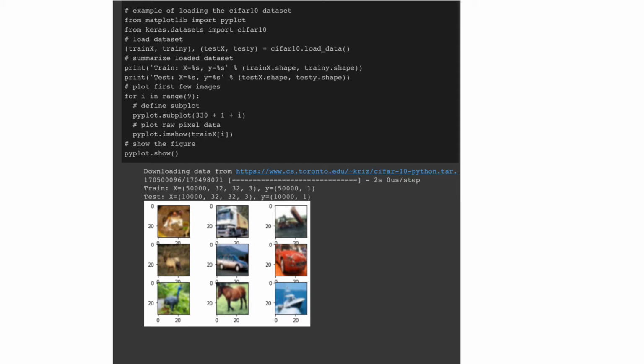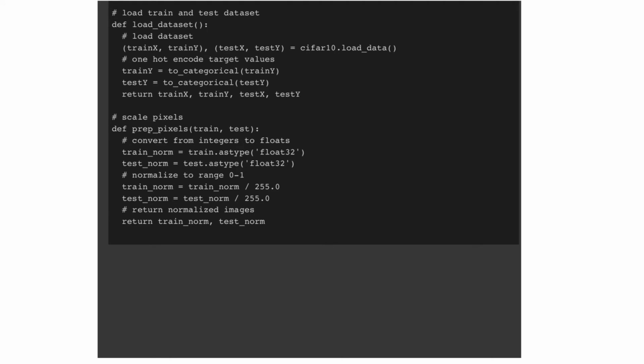Then I divide the dataset into two datasets, training and test. Training consists of 50,000 examples, while the test dataset consists of 10,000.